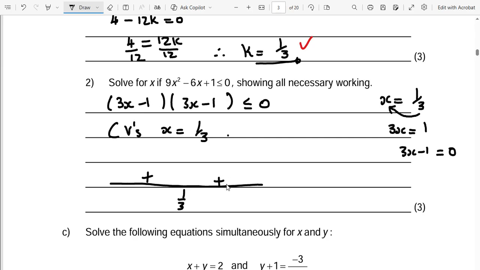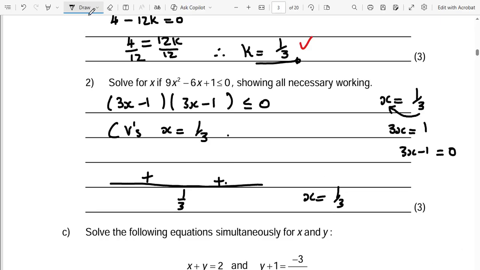So there's no part where we're going to get this to be negative. So you can just leave your answer and say x is equal to 1 over 3. You don't have to use an inequality sign when you only have one solution, when you only have one critical value.